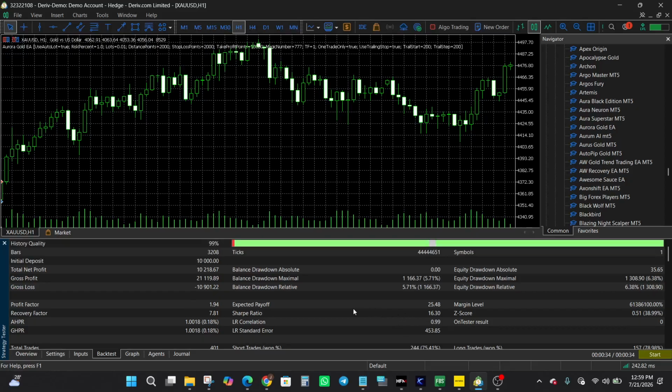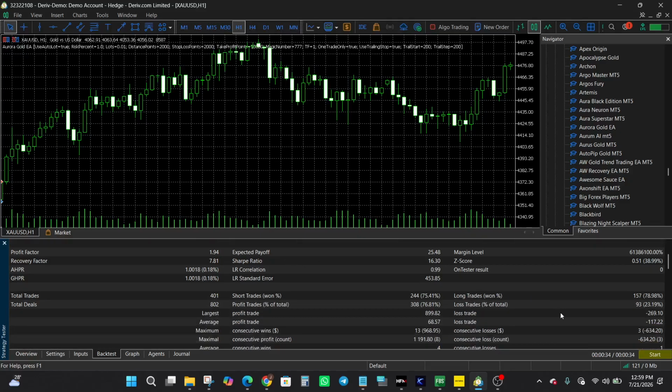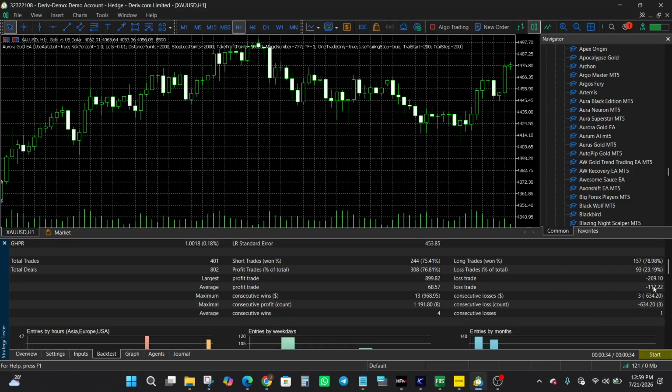The profit factor landed at 1.94, and the maximum drawdown observed during this run was around 6.4% on an equity basis, while the drawdown on the balance side was around 5.7%, which is fairly contained relative to the size of the gains. One detail worth noting is that the average losing trade is $117.22, which was actually larger than the average winning trade at $68.57.